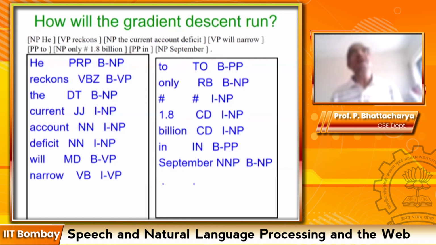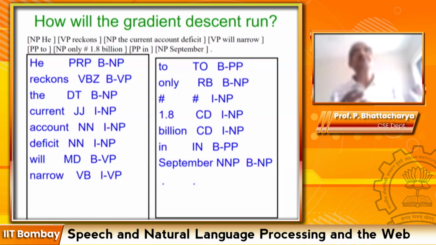So this is a very time consuming affair. It will take many iterations over a huge amount of corpus, and people have reported that training of conditional random field or maximum entropy Markov model is an involved affair. It takes a long time to get those lambda values.